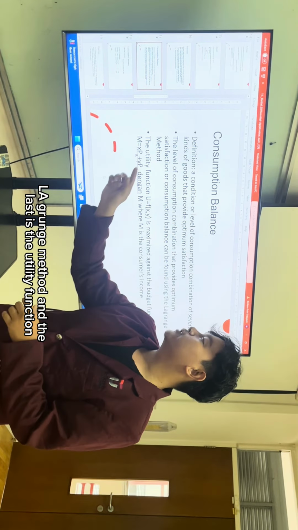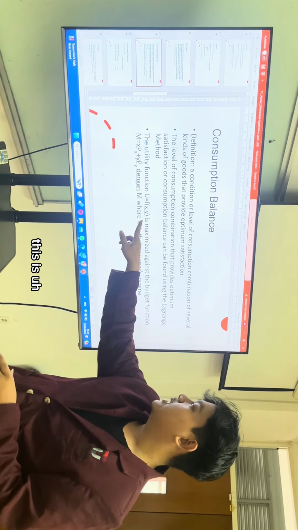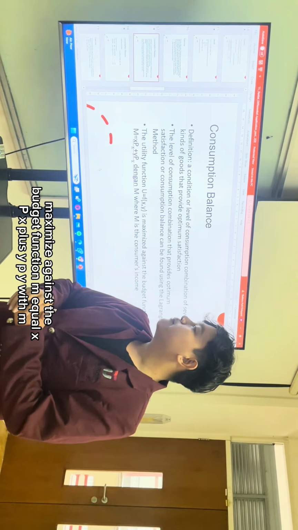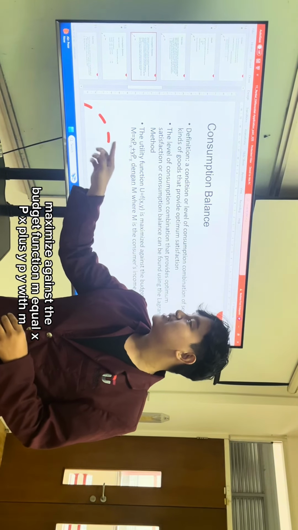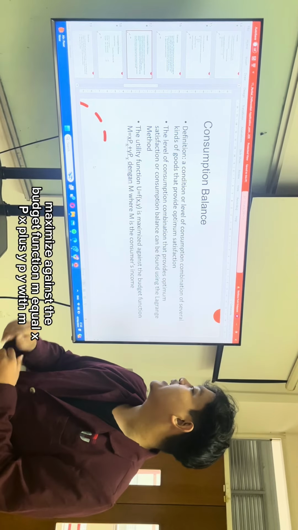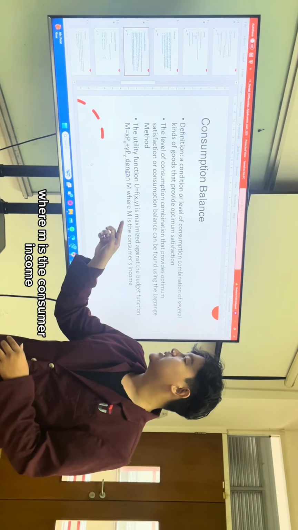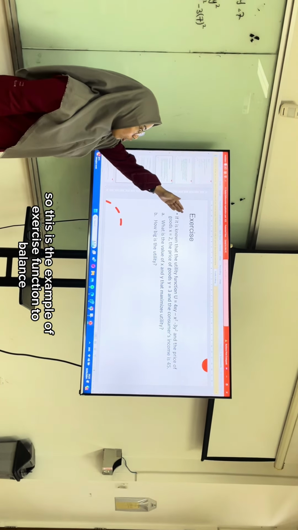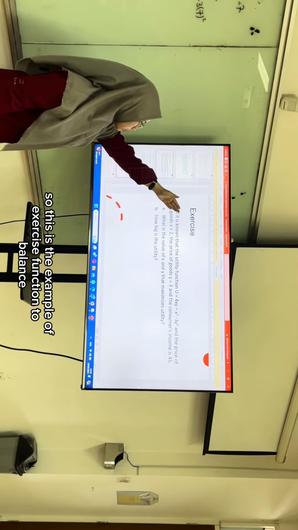The utility function is maximized against the budget function m equals x px plus y py, where m is the consumer income. This is an example exercise of consumption balance.